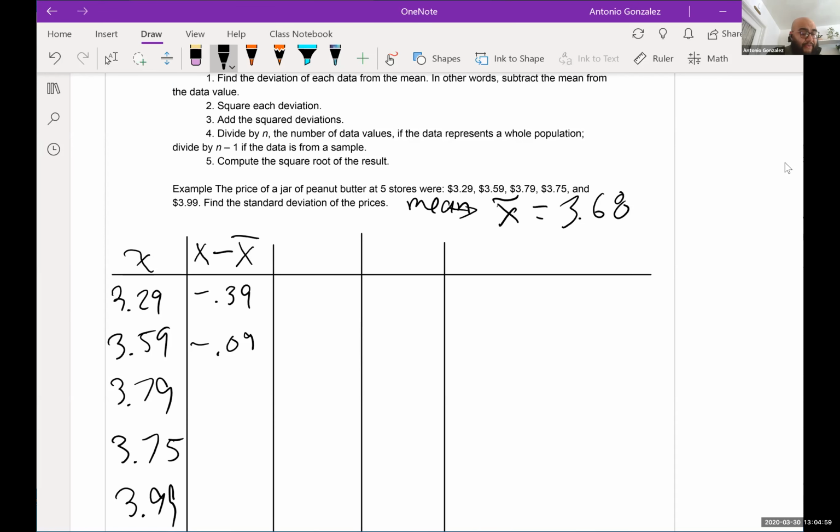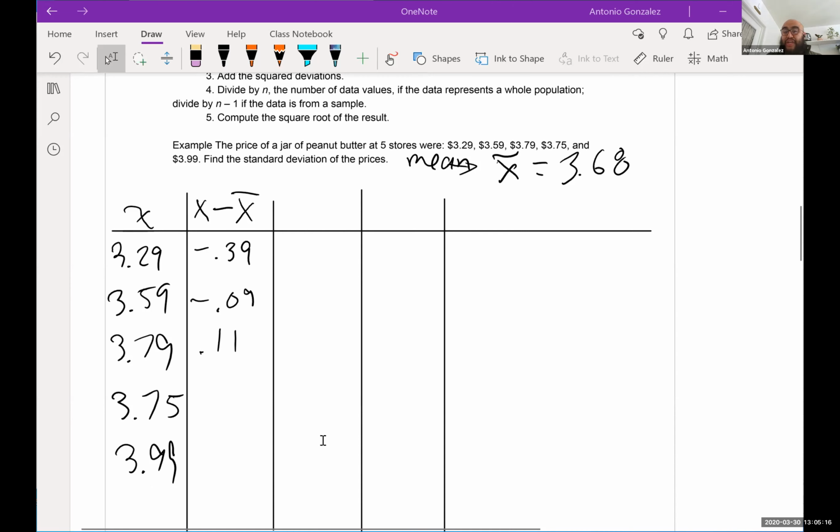Continuing here, 3.79 minus 3.68, we get 0.11. Notice here that one is positive, and that is because it's on the right of the mean, it's bigger than the mean. Notice none of these are actually equal to the mean, which is not uncommon, because the mean is not necessarily a data value.